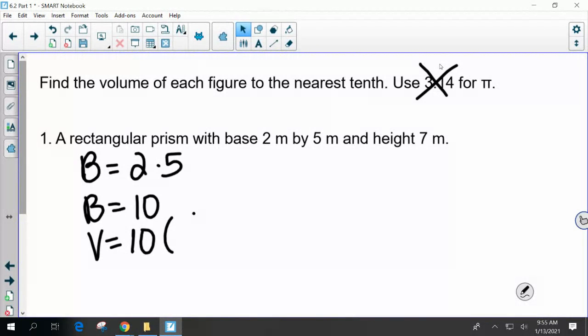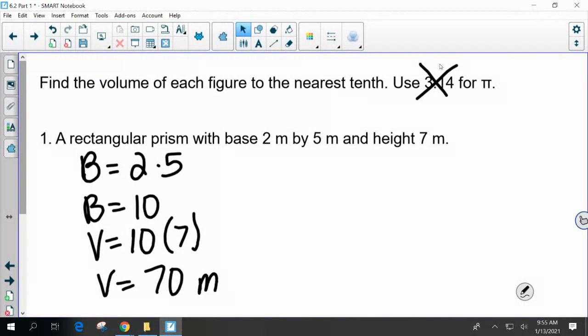So 7. So my volume is 70. And then my label is m for meters, and then volume always has to have a little 3 right here, a cube, because volume is 3 dimensions. So you're going to include the 3.